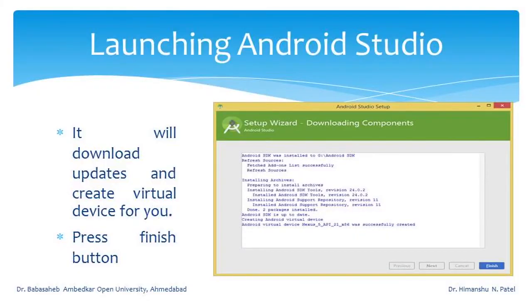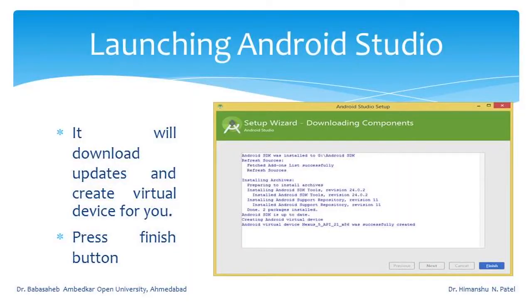So, it will start launching the Android Studio IDE. Here Android Studio is asking you for downloading updates and creating a virtual device for you. So, if you have an internet connection available, it will download all the latest updates for Android Studio and SDK, and then you can start the IDE.